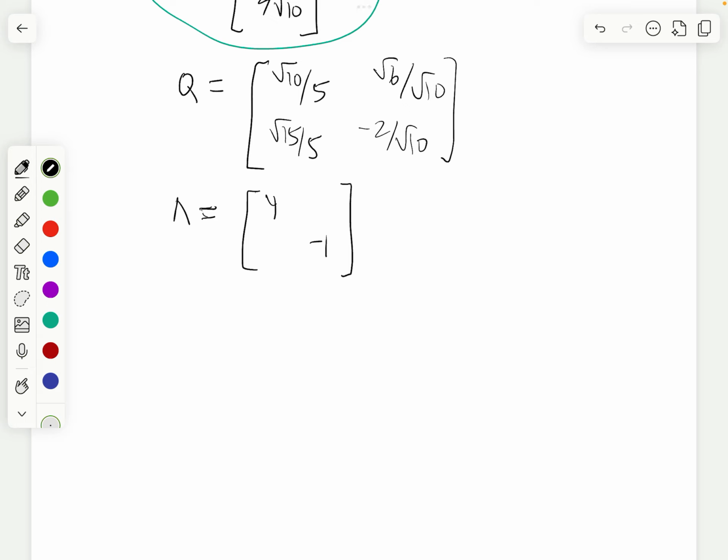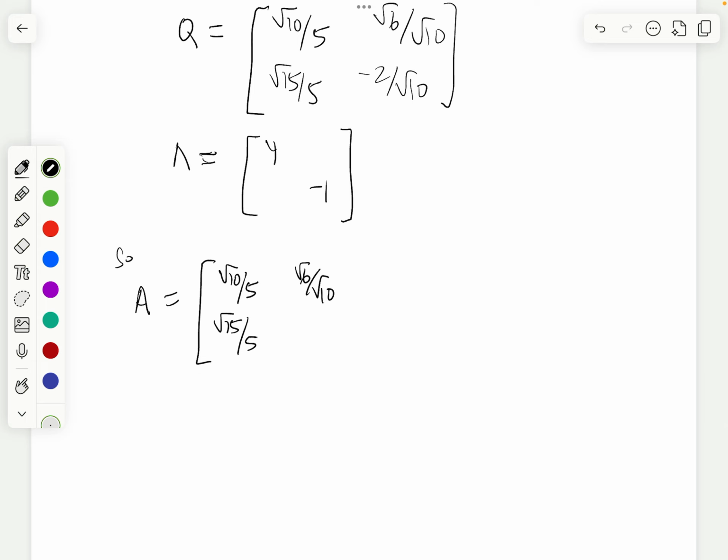And so we see that A is equal to Q, and again, you can simplify, you can get rid of the radical sign on the bottom if you really want, but I'll just leave it there. So it's that times lambda times Q inverse.